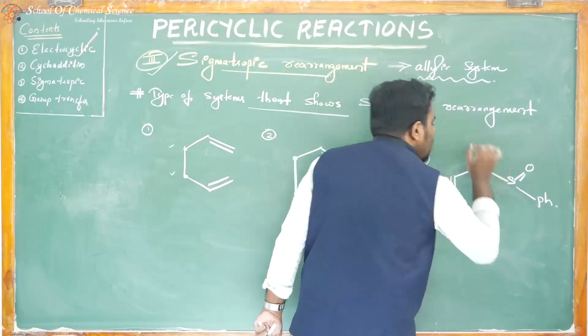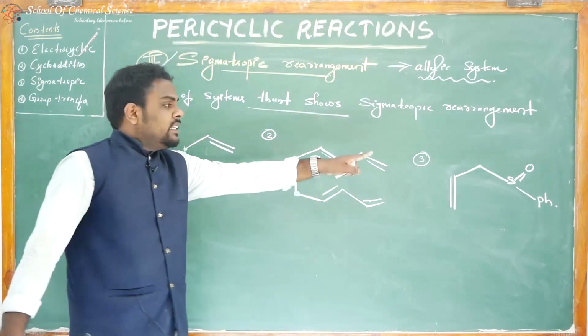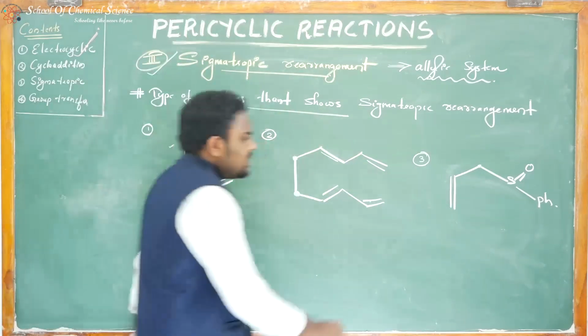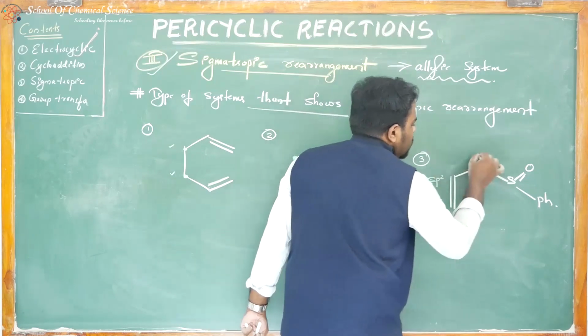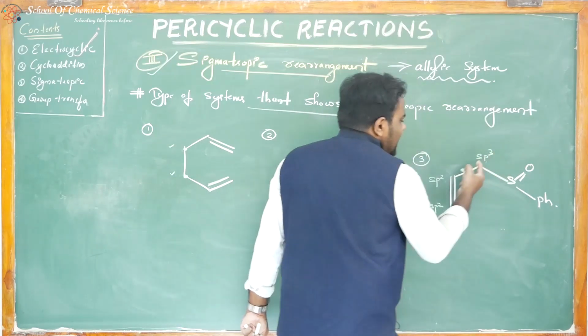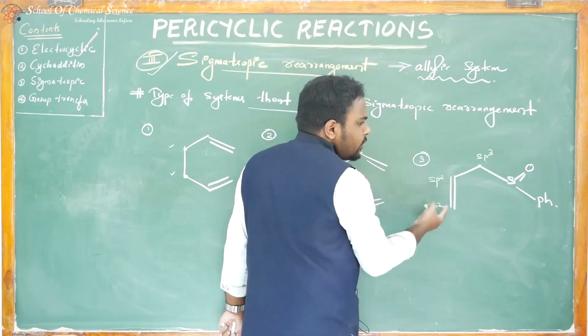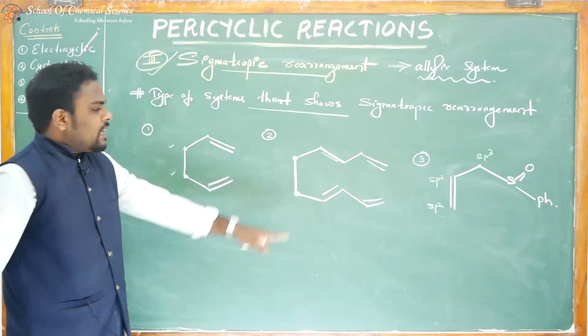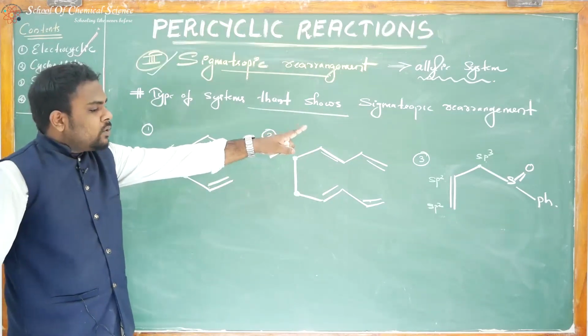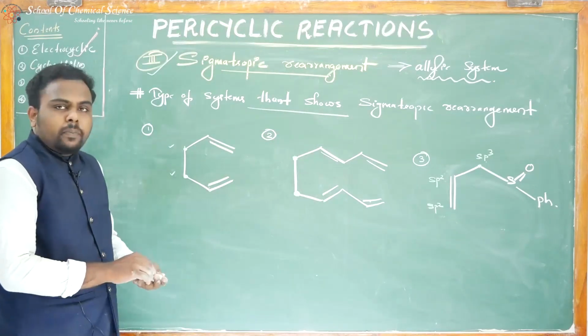So this is also an allylic carbon. So definitely that sulfur oxide. This is an sp2 hybridized carbon. This is also sp2. This is sp3. That sp3 hybridized carbon connected to an sp2 hybridized carbon is called an allylic carbon. So that sulfur oxide will also show sigmatropic rearrangement.